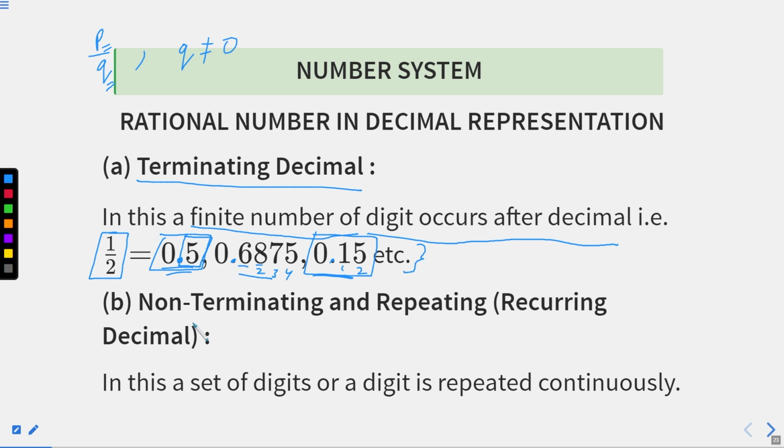Sometimes it happens that after the decimal the digits do not terminate, but they repeat themselves. For example, 0.333 and so on. The 3 is repeating forever.